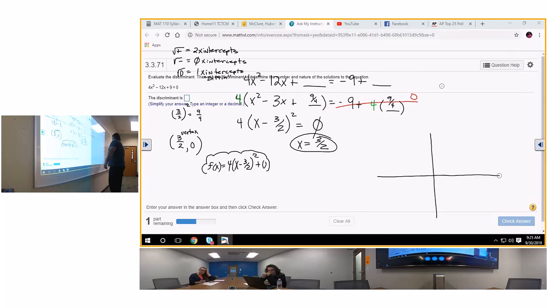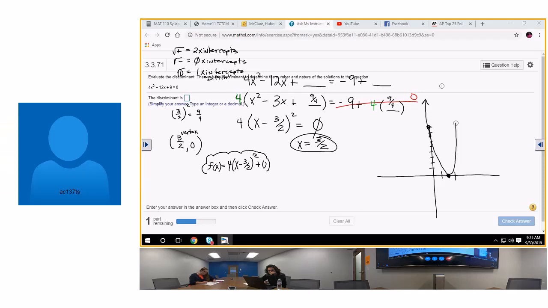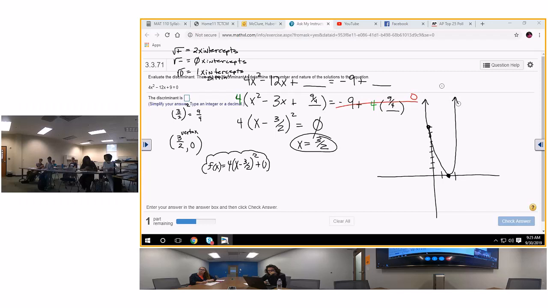So 3 halves, 1, 2, and you know your y-intercept is what? 9. 1, 2, 3, 4, 5, 6, 7, 8, 9. Gosh, why is it so skinny? Because there's a 4. Yeah, exactly.